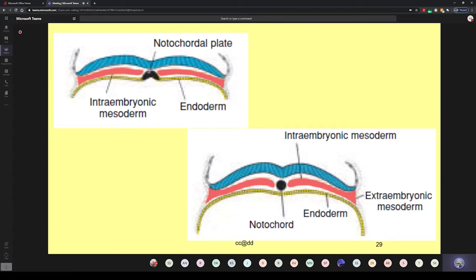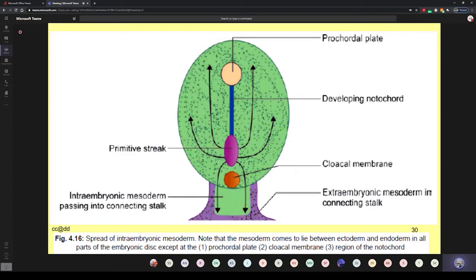The gastrulation is all about invagination of cells along the primitive streak, and migration of these invaginating cells towards the cranial end of the embryo. Invaginating cells are not invaginating into the procaudal plate. They are not invaginating into the cloacal membrane. So this is the brief process of what is happening for the formation of the mesoderm.